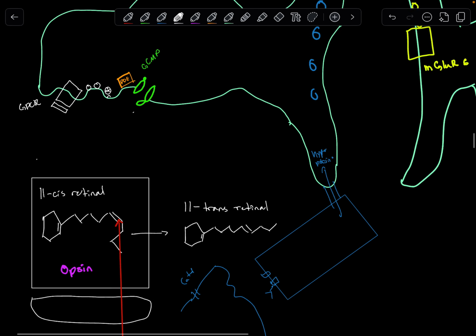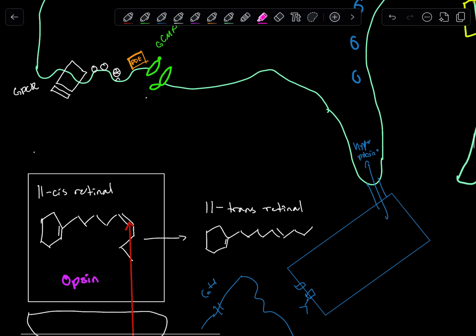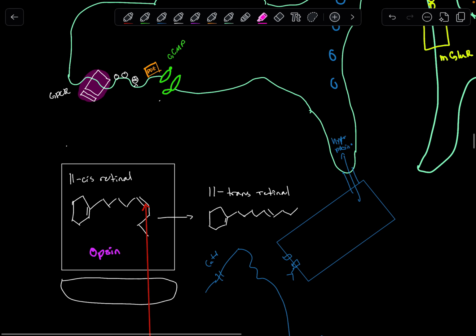Right here, I'm looking at this protein. It's called a GPCR, and it's called rhodopsin. It has a molecule in it called 11-cis-retinol. 11-cis-retinol, right? It's in a cis conformation.